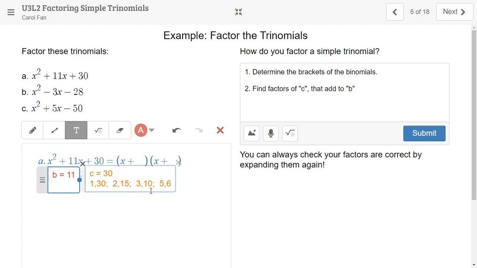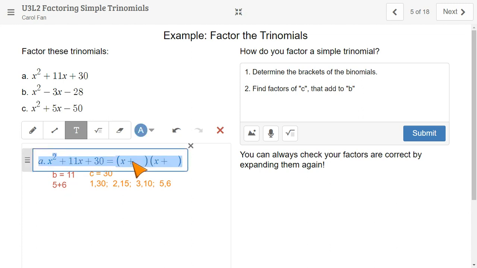The two positive numbers that can add to 11 out of these four pairs is 5 and 6. And so I'm able to throw in 5 in the first bracket and 6 in the second bracket. Or it could be x plus 6, x plus 5. Same thing.